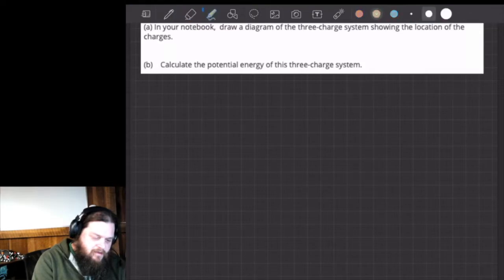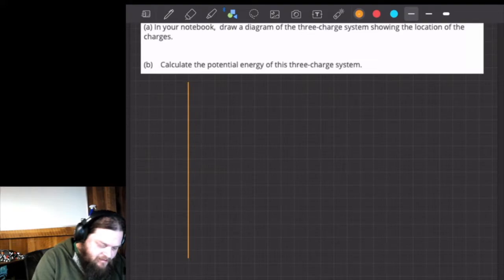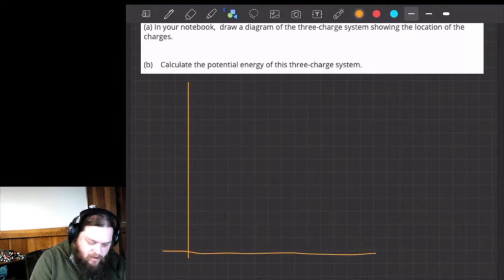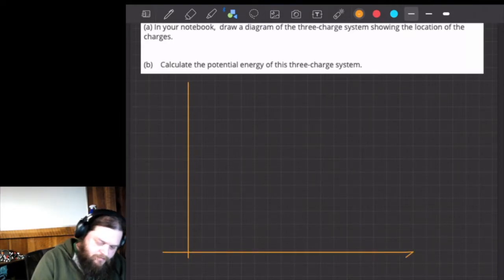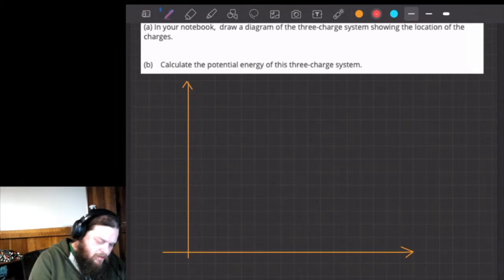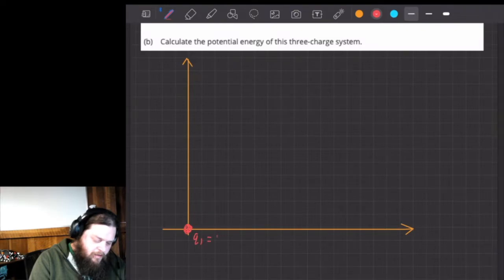If I were to draw this out, first I'm going to do my axes. Since everything is just on the axes, I'm just going to draw Q1. We're going to say there's one charge here. This is Q1, and we said that's equal to 4.9 microcoulombs.